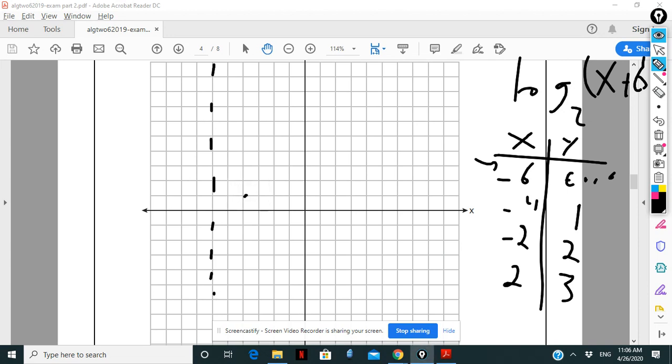When it was negative 2, it was 2. And when it was 2, it was 3. And it's going to go that way. Sorry, it should come through this point, but I made a mistake. So okay, here it is.